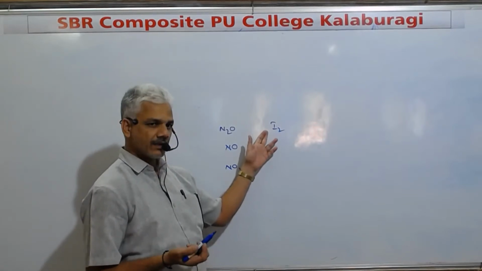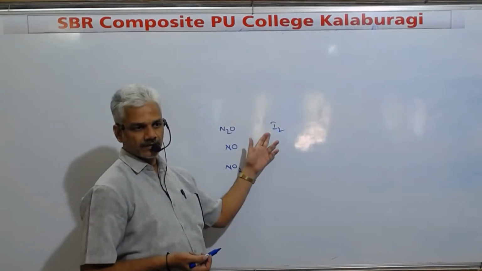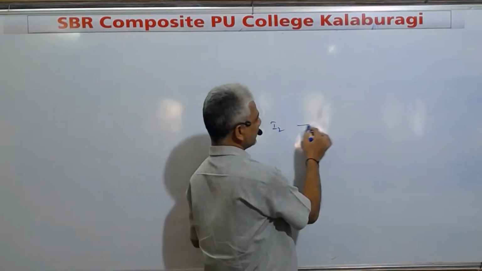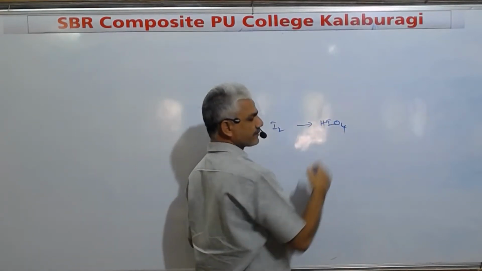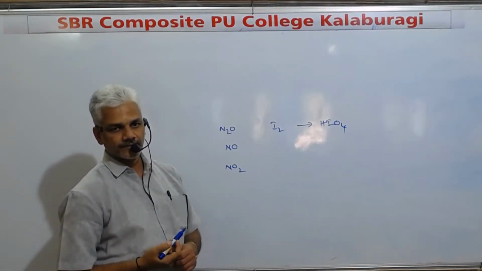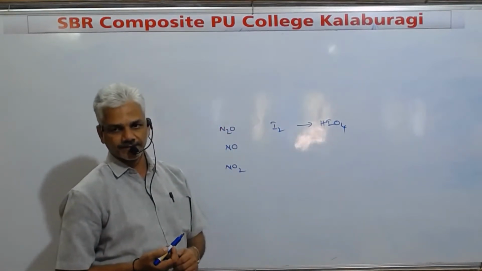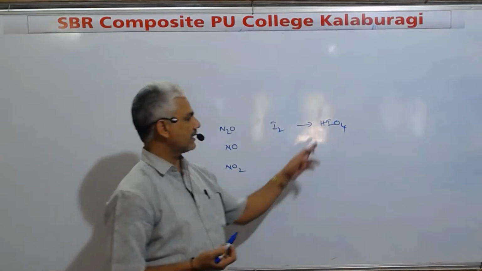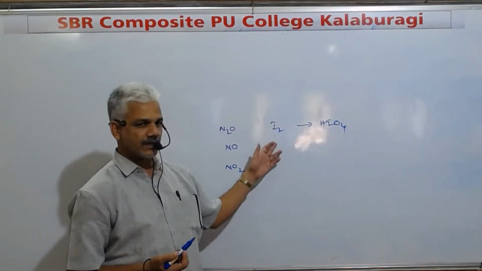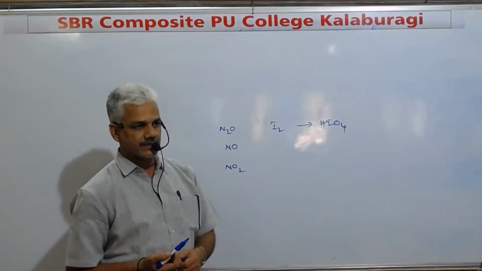For any element, the highest oxidation state is equal to its group number, so plus 7. So when iodine is treated with nitric acid, you will get what acid? Iodic acid. And the iodine oxidation state will be how much? Plus 7.